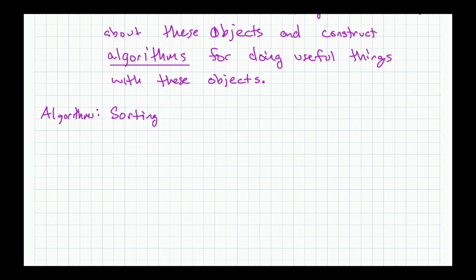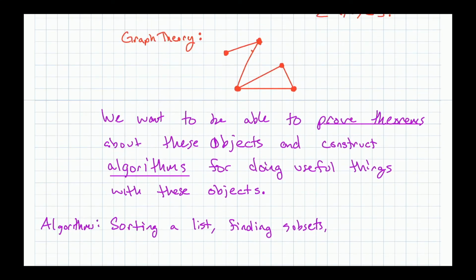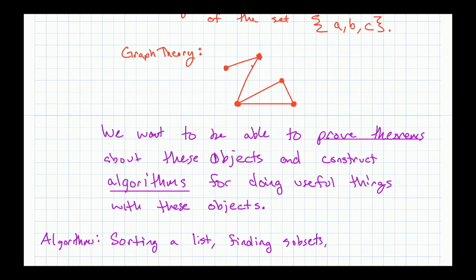Sorting a list, finding subsets. On a graph, maybe we're trying to get from one point to another, like that, and maybe we want to take every edge, for example, or we want to visit every vertex or something like that.